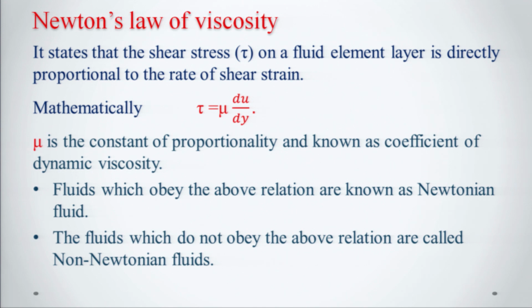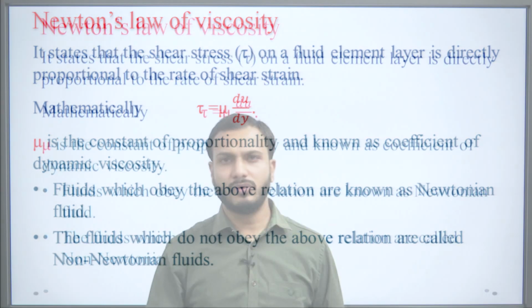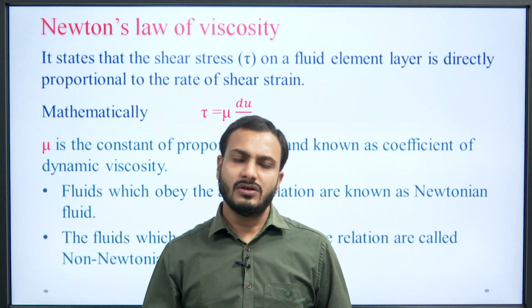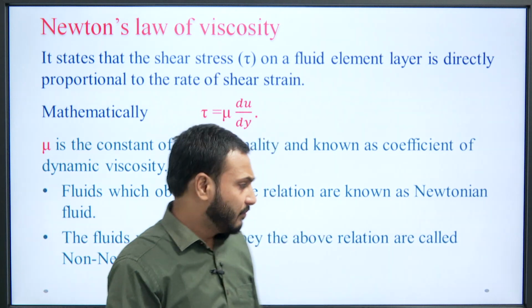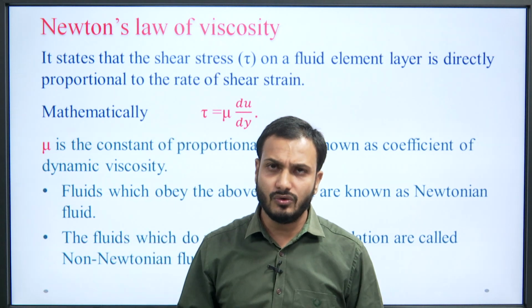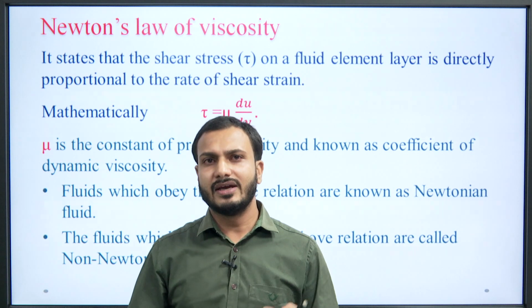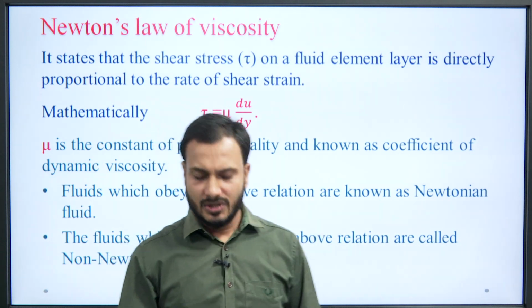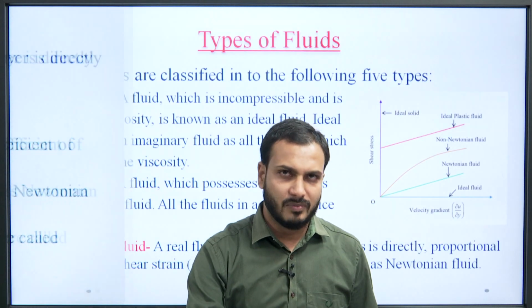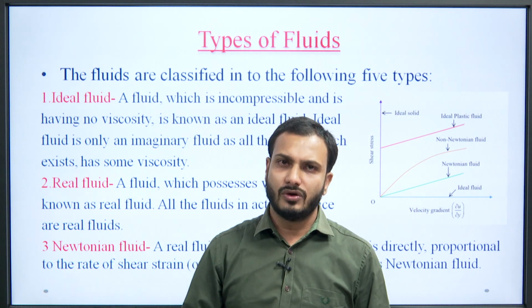The fluid which obeys this relationship, having proportionality with the velocity gradient, is called a Newtonian fluid. Otherwise, the fluid which does not obey it is known as a non-Newtonian fluid. This is the simpler way to understand Newtonian and non-Newtonian fluids.